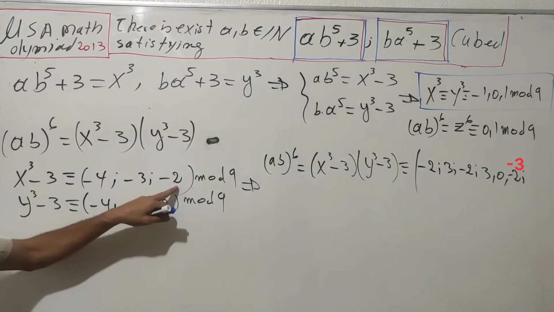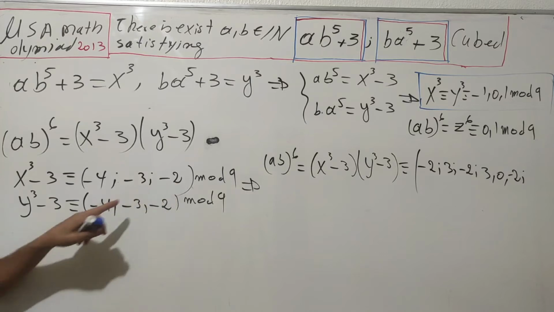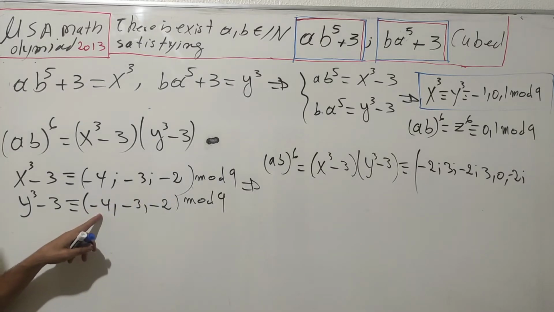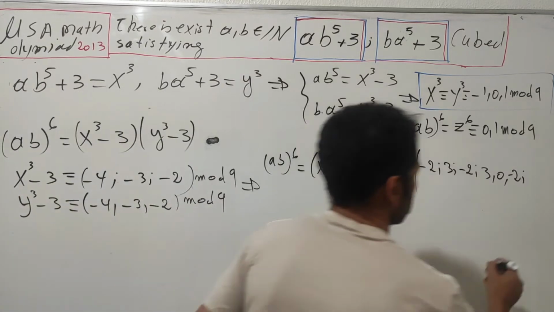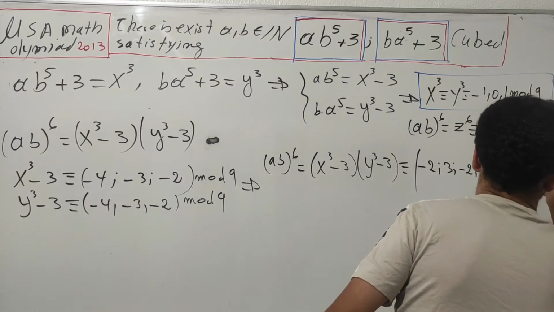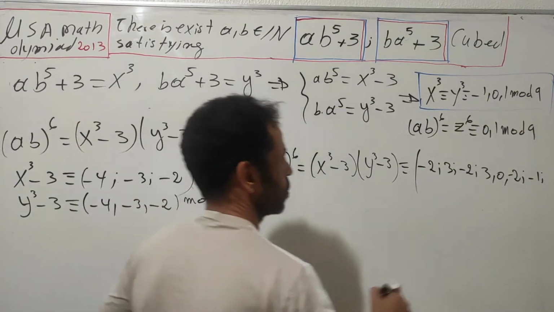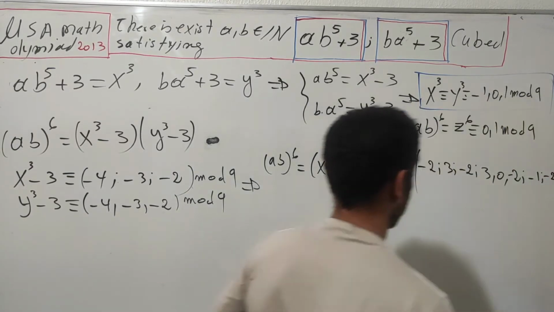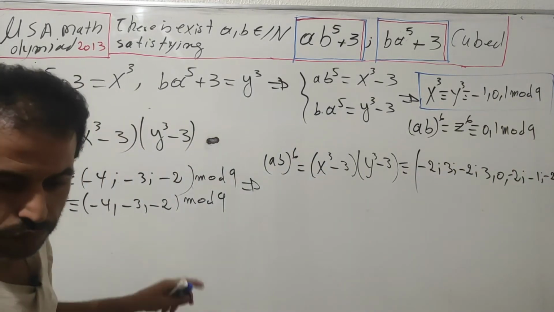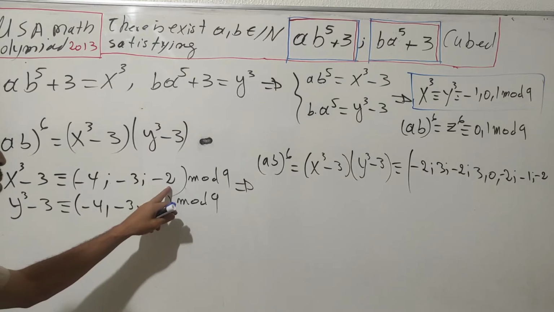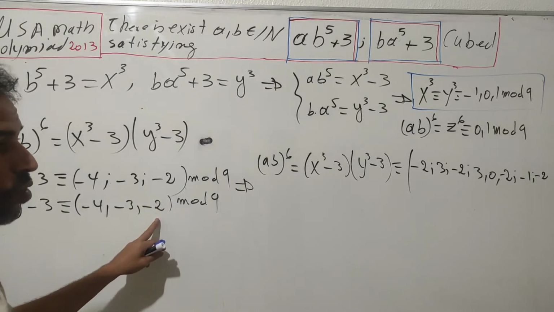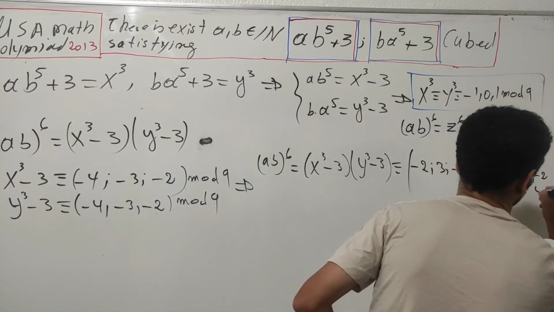Let's start with the last 3 possibilities. This one is multiplied by this one, which is 8, we have 1 less than 9. This one is multiplied by this, which is 6, minus 3 here. Lastly, minus 2 is multiplied by minus 2, which is 4. So I get a remainder of 4 here.